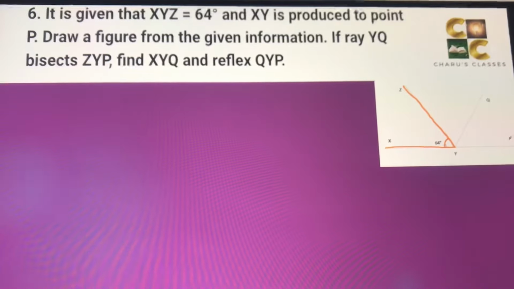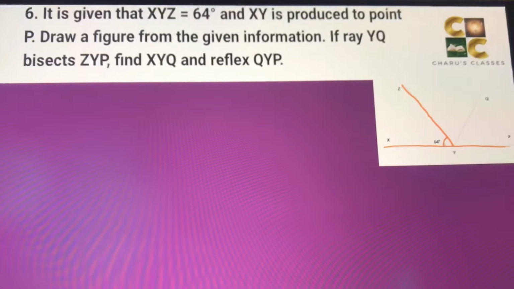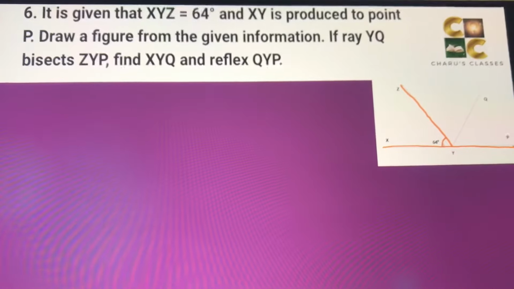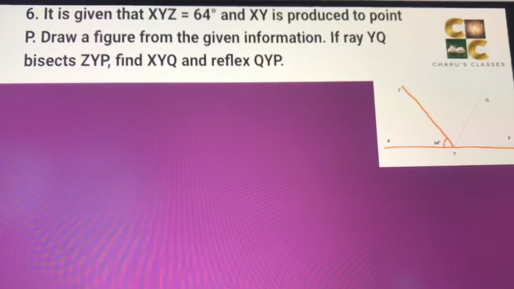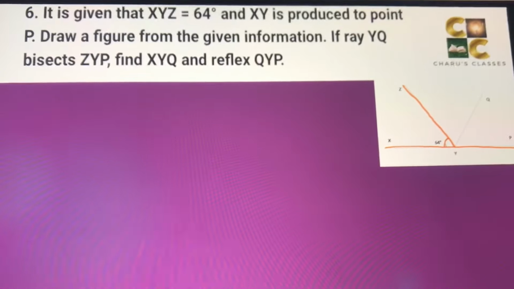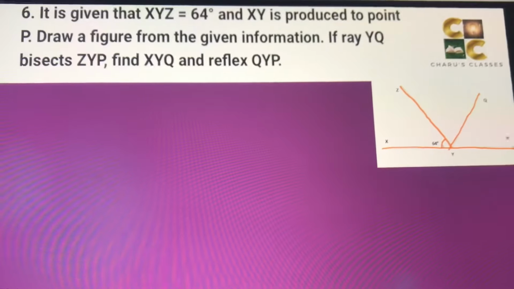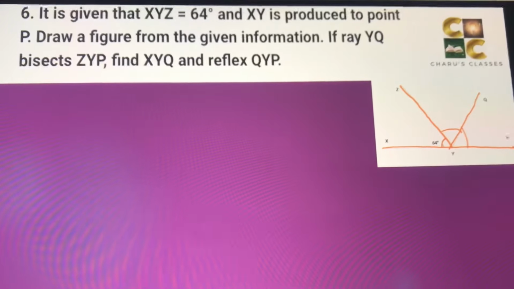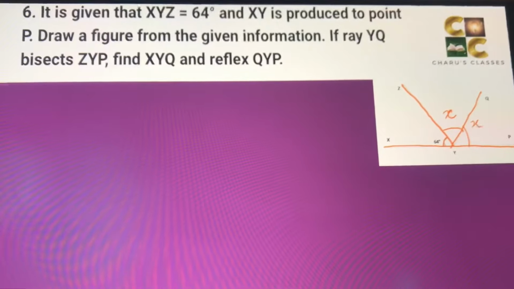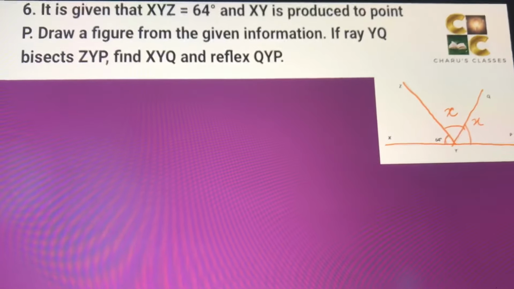XY is produced to P, so we'll move Y till we reach P. Ray YQ is bisecting the angle ZYP, which means this angle and this angle will be equal. Let these two angles be x.